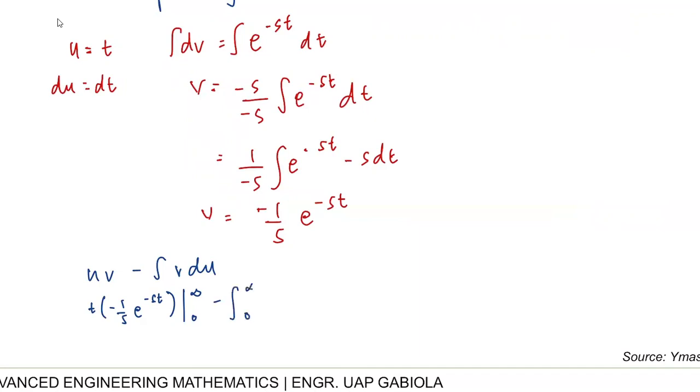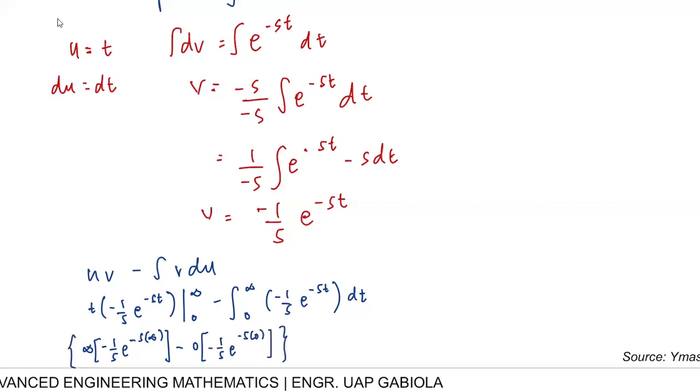Minus, from 0 to infinity, the value of our v is negative 1 over s, e^(-st), and then our du is dt. Okay? And then, let us try to simplify. So, we have infinity times negative 1 over s, e^(-s times infinity), minus 0 times negative 1 over s, e^(-s times 0).